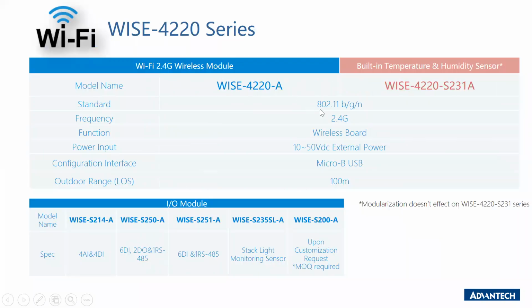So WISE 4220, 802.11bgn, single mode 2.4, externally powered, so not battery powered, 100-meter range, let's call it. And then all of these different I/O options, so for analog input, the different AI and DI or RS-485 inputs. And I want to focus on this for just a second, also this stack light monitoring solution.